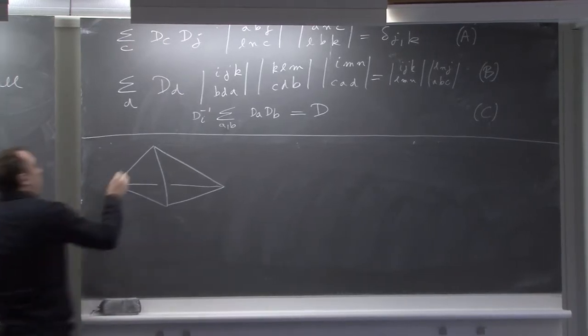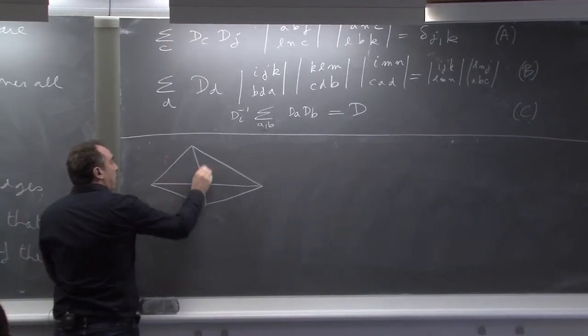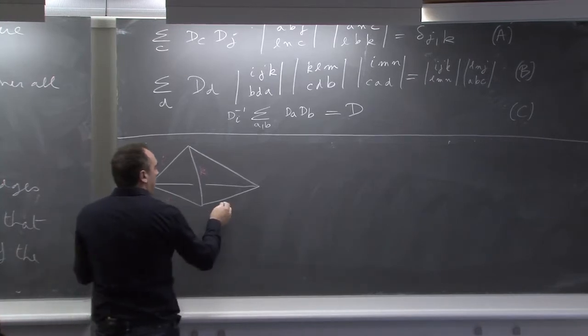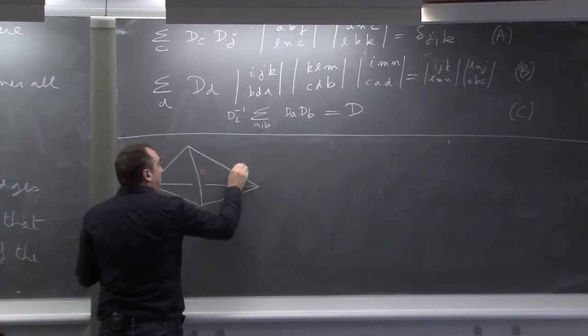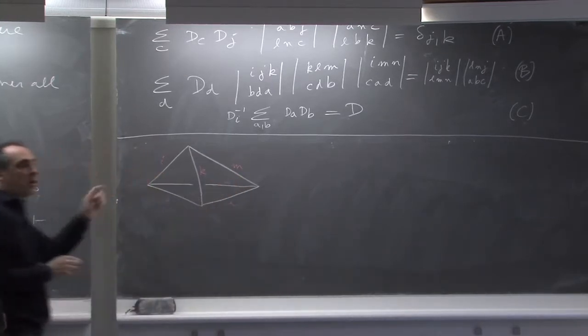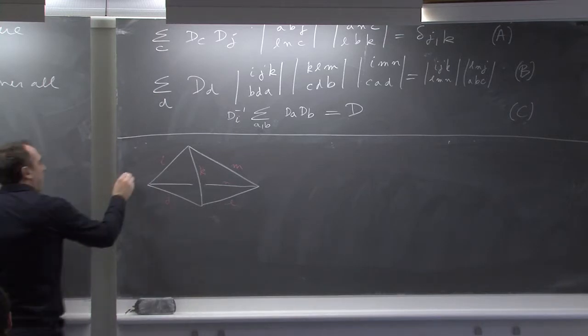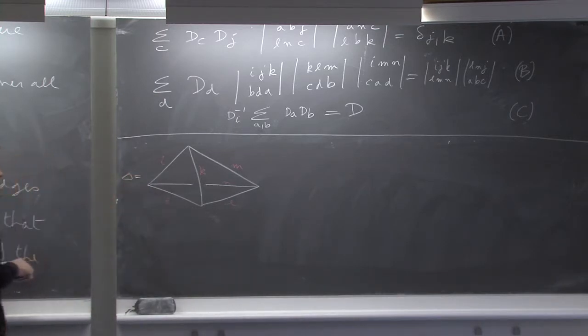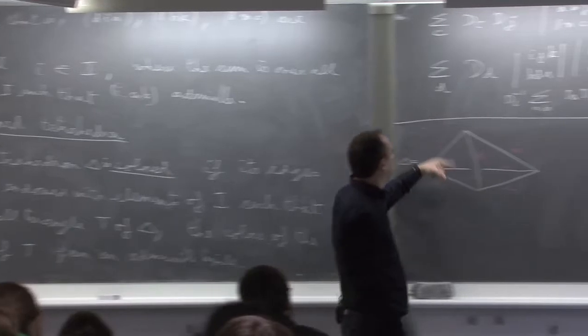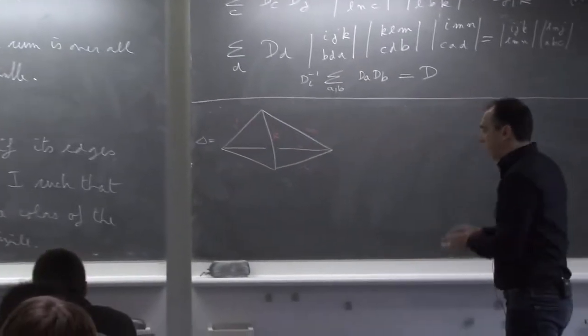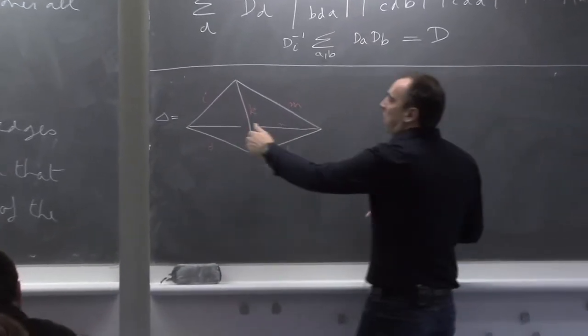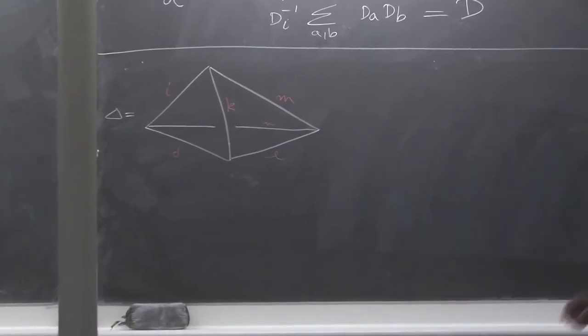Let's call it I, G, K, L, M, N. So the edges are endowed with color in the set I. And for each triangle, the triple of color is admissible.